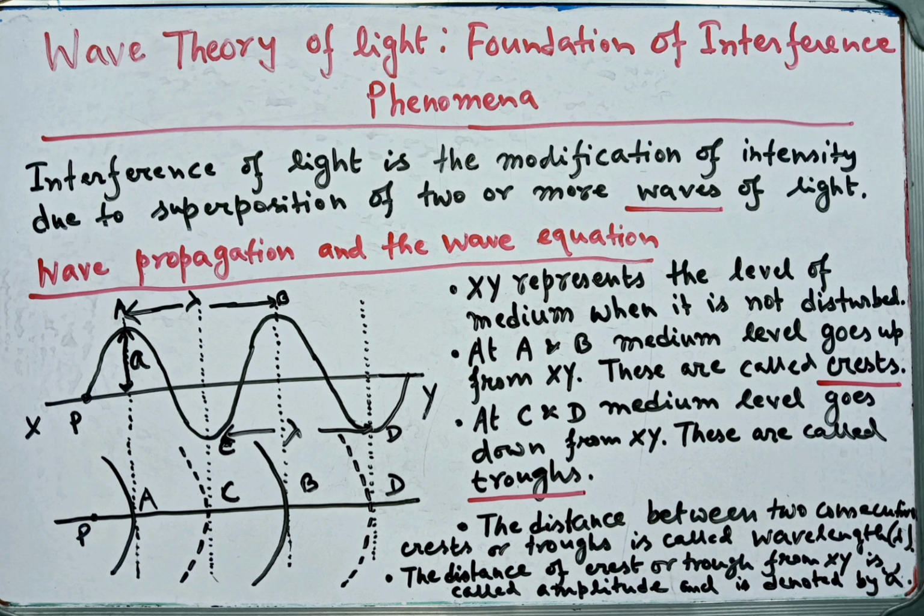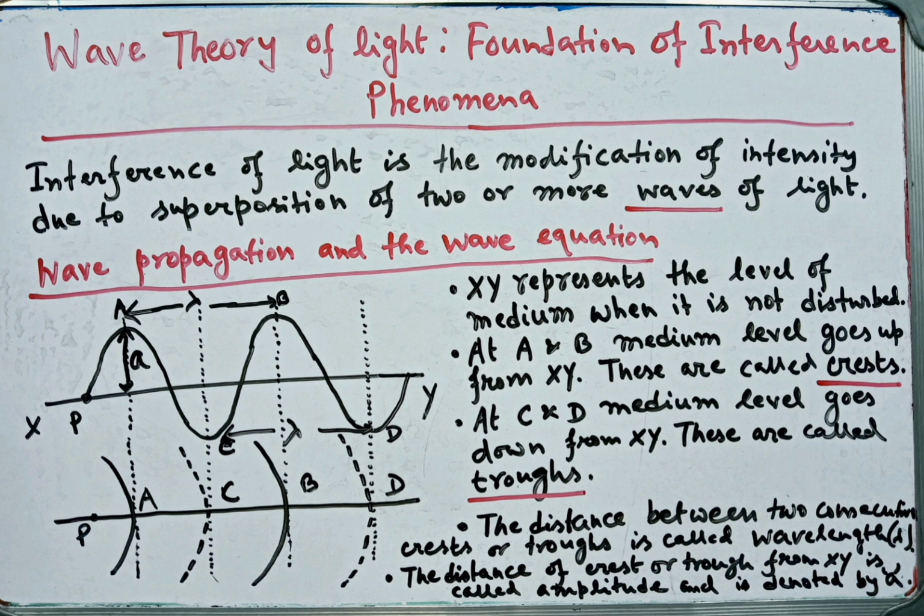Okay, now here in the figure you can see we have drawn some arcs of circles, right? Some are solid, some are dotted. At the crest points you can see we have drawn solid arcs. So what is that? If you see the nature of the wave in the pond, all the points go up at a particular distance from the source.